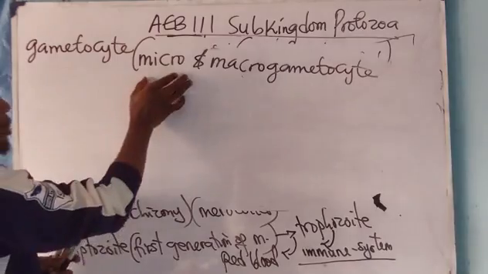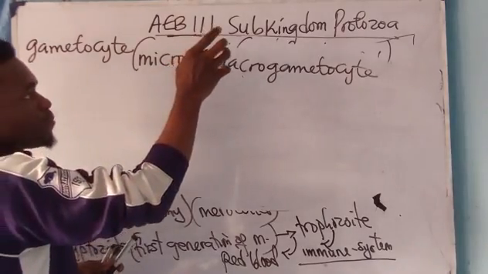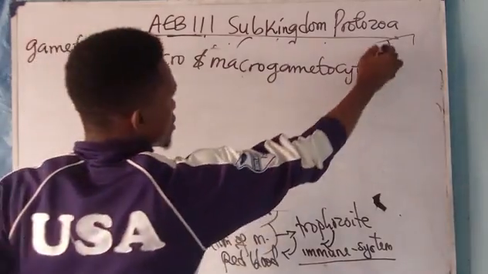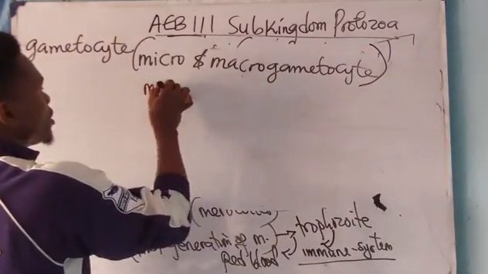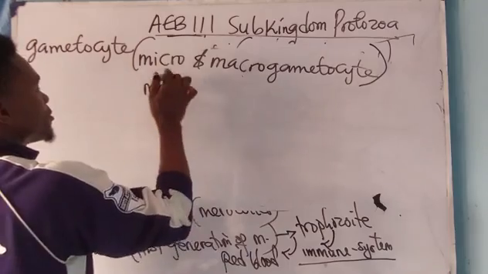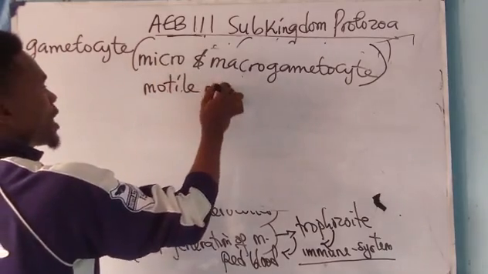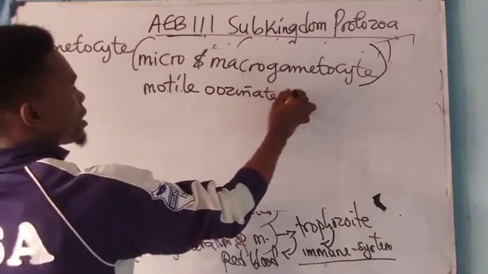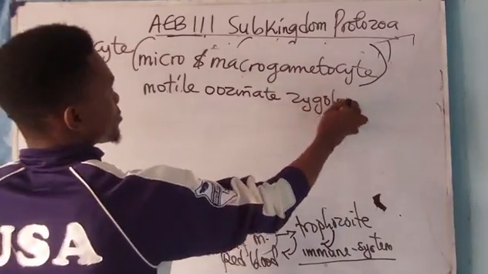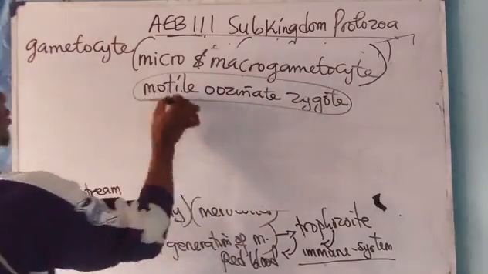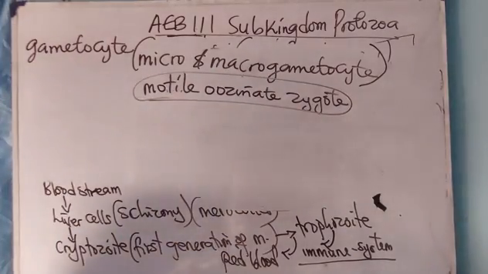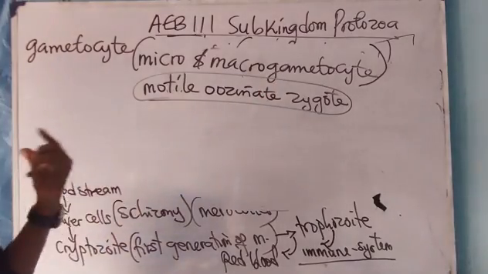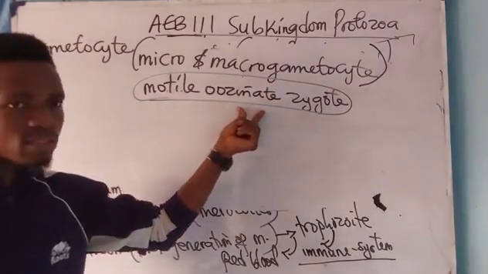When the microgametocyte fertilizes the macrogametocyte, it forms what is called a motile ookinete zygote.